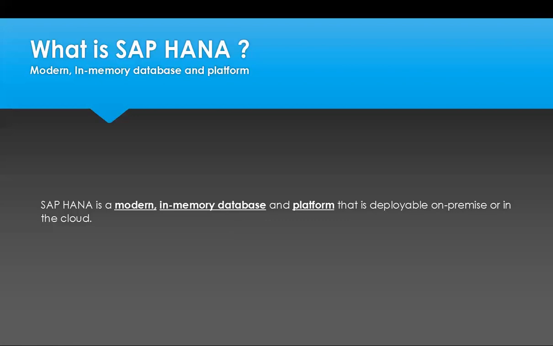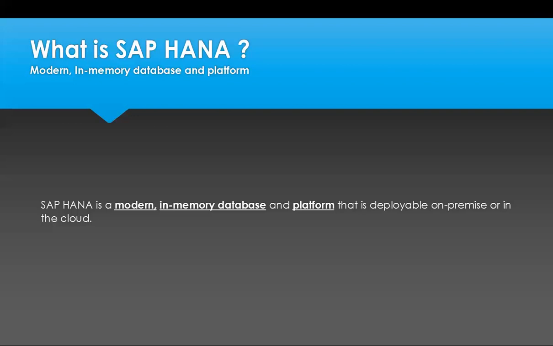So there is no time wasted in loading the data from the hard disk to RAM, or, while processing the data, keeping some data in RAM and some data on the disk. Now everything is in the memory all the time, which gives the CPUs quick access to data for processing.